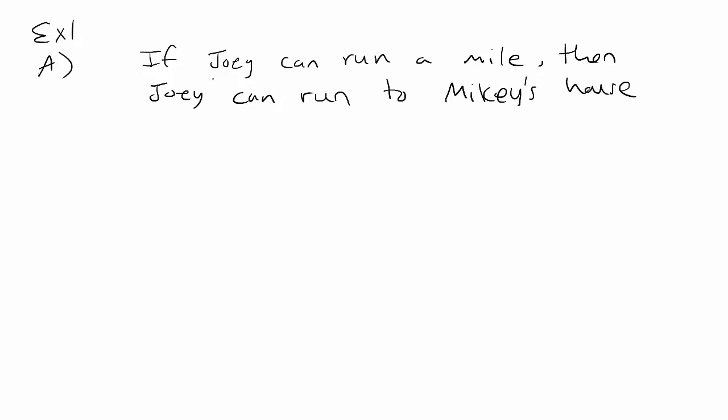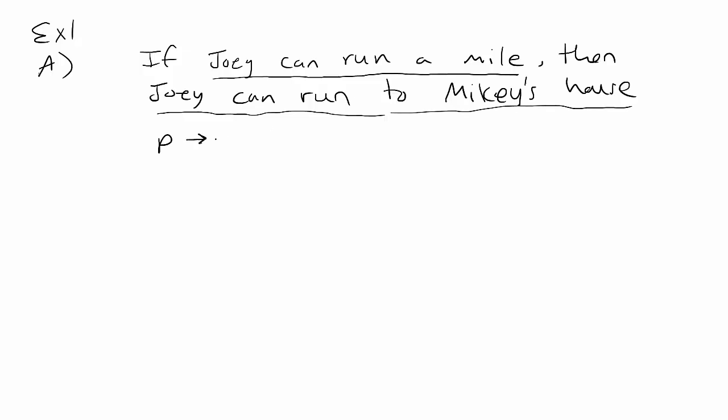Joey can run a mile, that's going to be the P. And Joey can run to Mikey's house, that's the Q. So that's our current conditional statement.